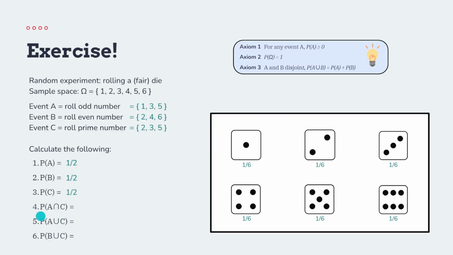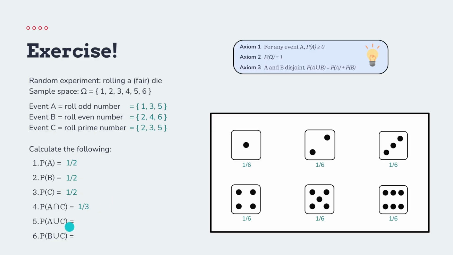Now moving on to probability of A intersect C. This event consists of the outcomes that are both odd and prime. And the outcomes which are odd and prime are 3 and 5. So that's 2 outcomes out of 6, and if you add them up, you get 2 over 6, or 1/3.